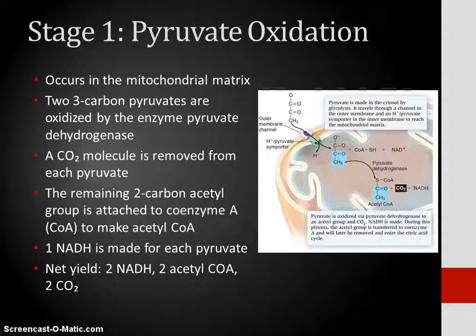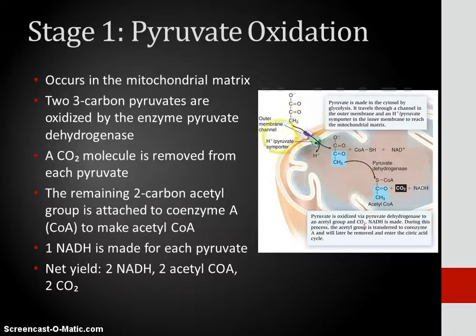A CO2 molecule is removed from each pyruvate throughout this process, and the remaining 2-carbon acetyl group is attached to a coenzyme A, or CoA, to make acetyl-CoA, which we can observe right here in the diagram. And 1 NADH is produced for each pyruvate. So the net yield of pyruvate oxidation is 2 NADH, 2 acetyl-CoAs, and 2 CO2s.